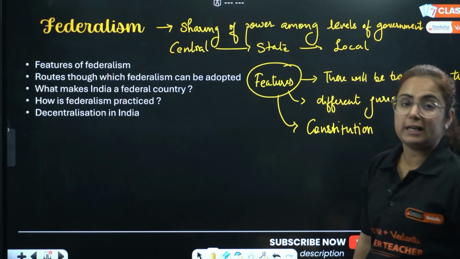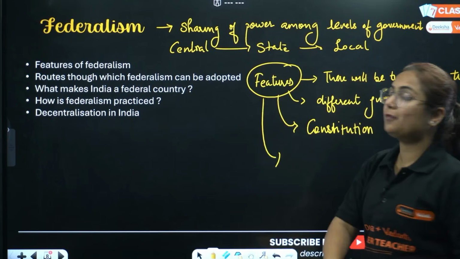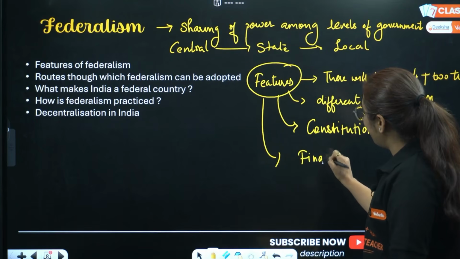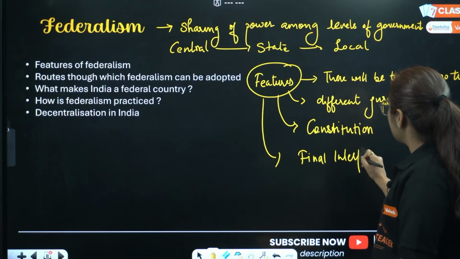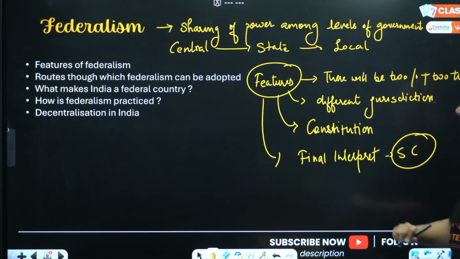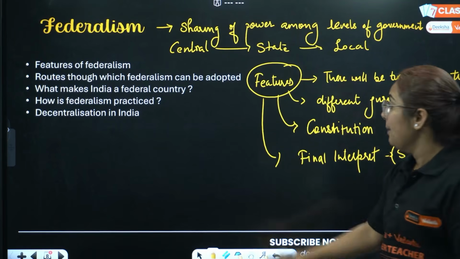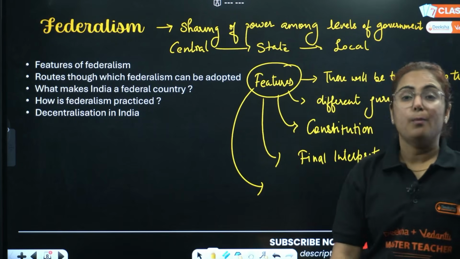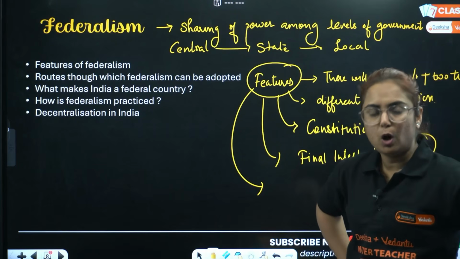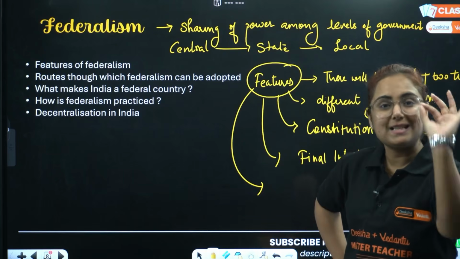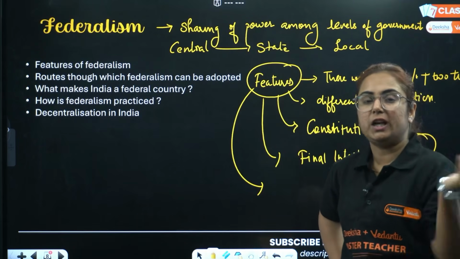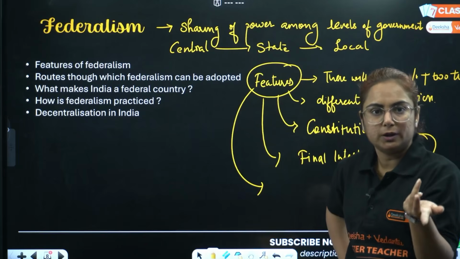If there is a fight between different levels of the government, then who is the final interpreter? The highest court, that is the Supreme Court, will be the final interpreter. Get it? Can we make any changes to this? No, we cannot, because this is the basic principle of the Indian Constitution and you can't change it depending on your mood.